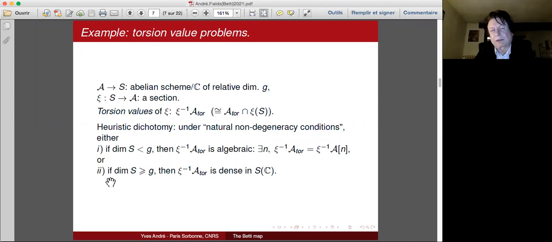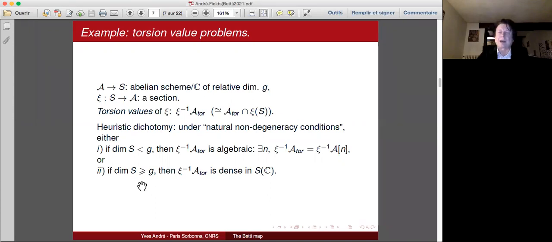Or, if on the contrary, the dimension of S is larger or equal to g, then the torsion values are expected to be dense for the analytic topology of S.